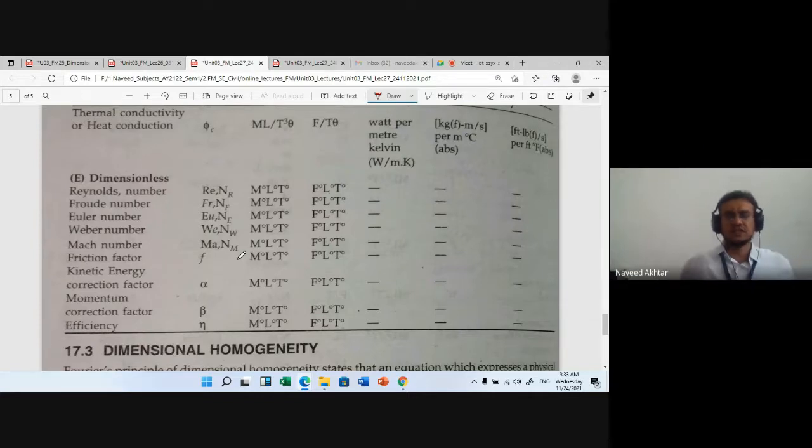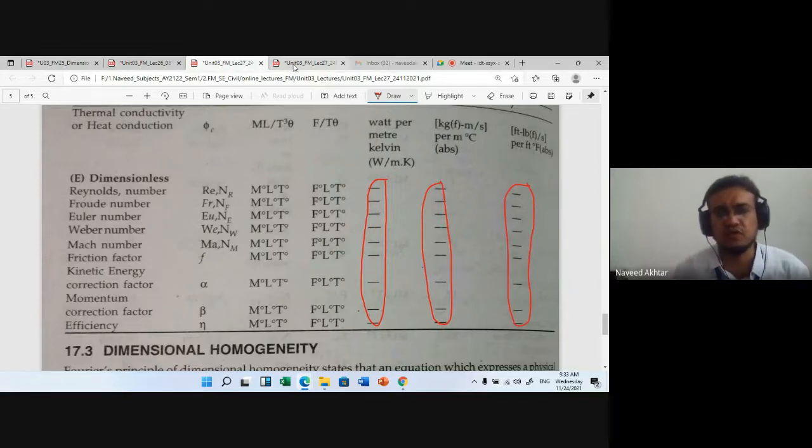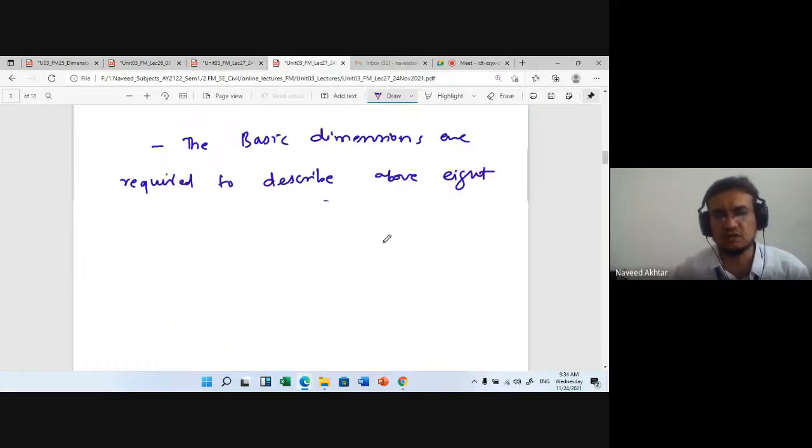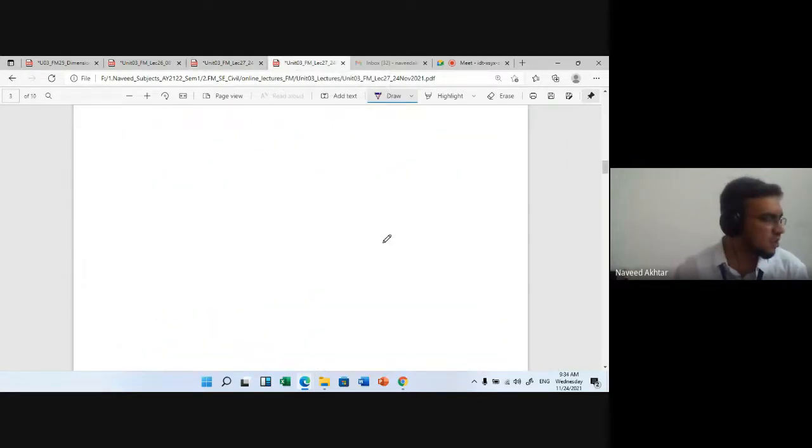All these are dimensionless numbers. You can see here no units are there because these are nothing but dimensionless numbers. One by one we will see each number. First we'll see the Reynolds number.